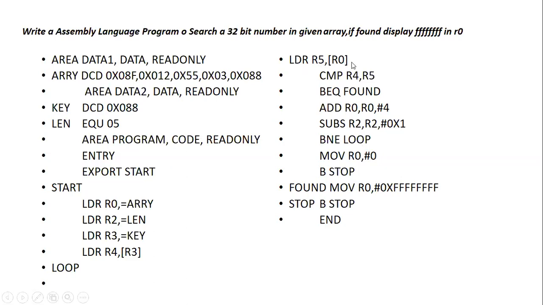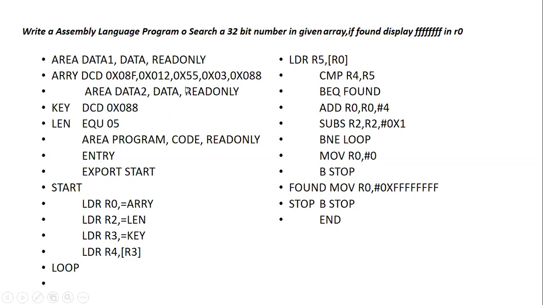Now what's the new value of R0? R0 will be pointing to this, and the value present at that location is 12, which will be moved to R1. Now 12 will be compared with 88, and since it is not equal, again R0 will be incremented by 4, and then our length is going to decrement by 1. Then again we start the comparison. 5 will be compared with 88.